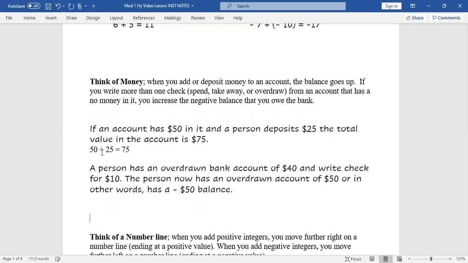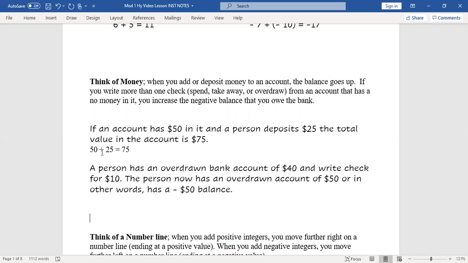Another way to represent integers with money would be, say, a person has an overdrawn bank account of $40, and that person writes a check for $10. The person now has an overdrawn account of $50, or in other words, that person has a negative $50 balance in their account. So when you're overdrawn, that means you're in the hole.